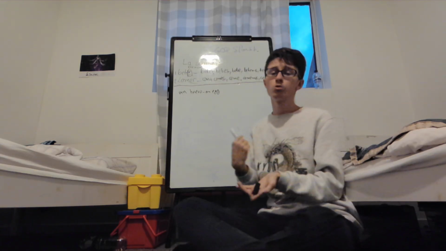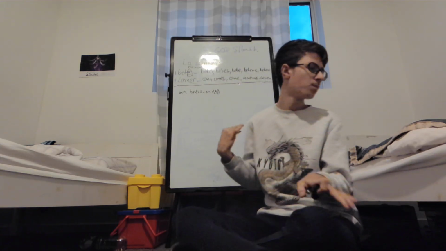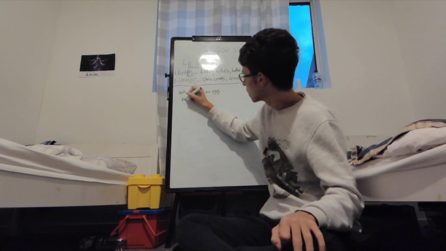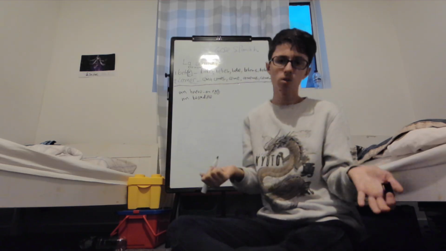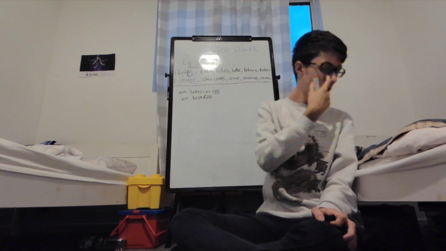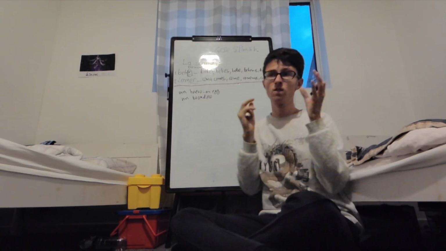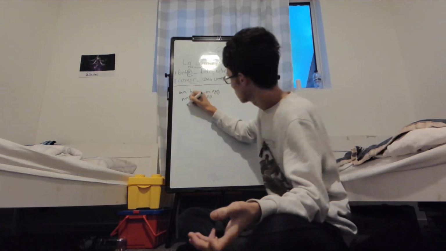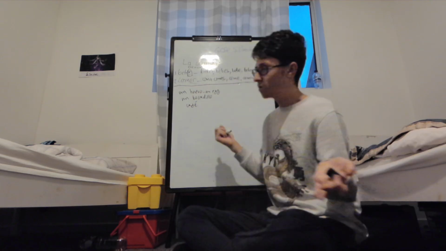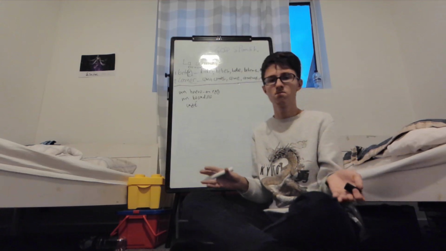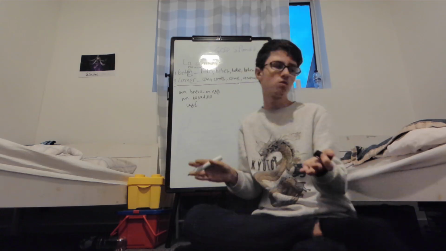You can also make it plural as well. Un huevo, un bocadillo, which is a sandwich. One of the most simple of these foods and drinks is café. You just need to add the accent on the E and it's coffee. It's really simple in Spanish.